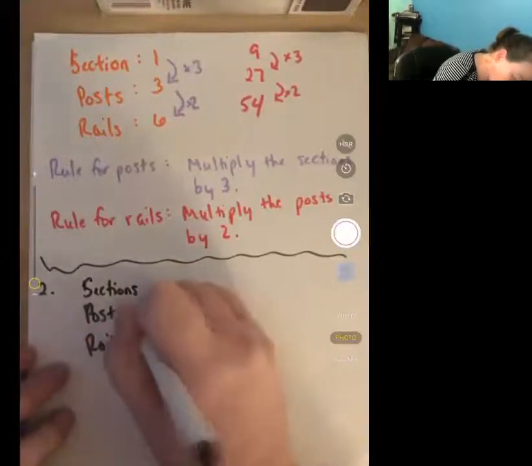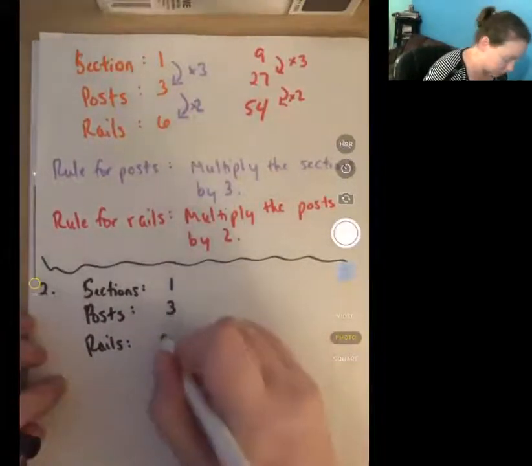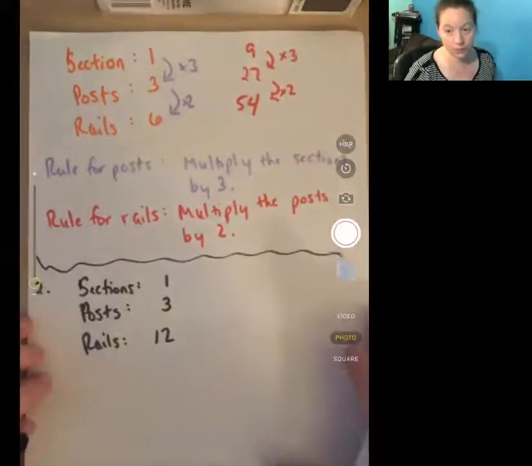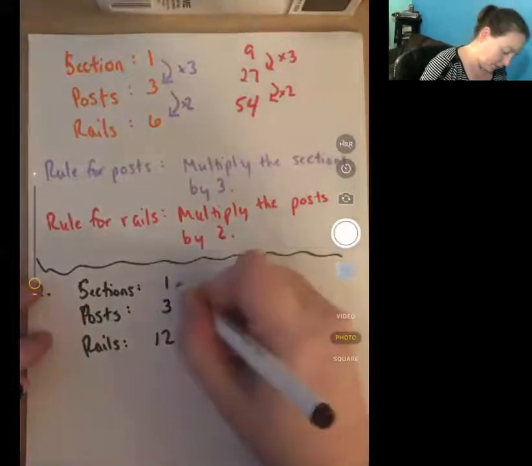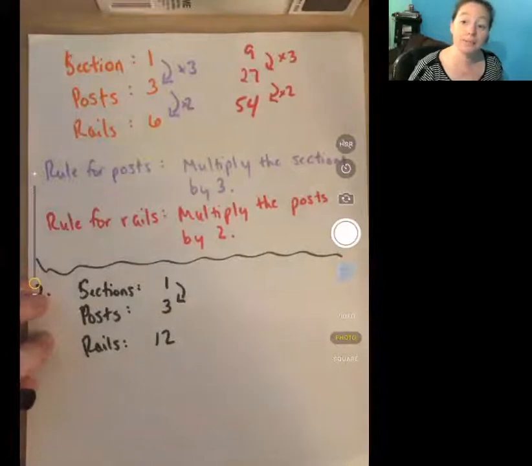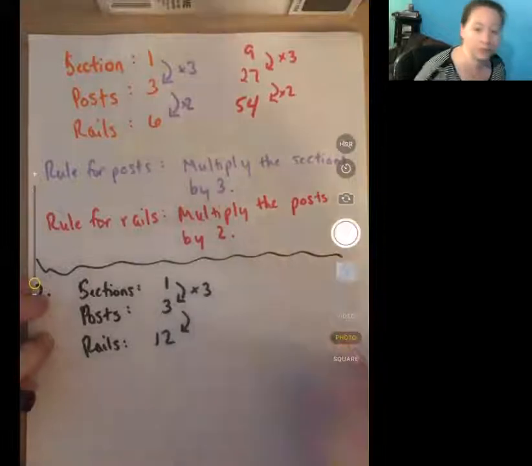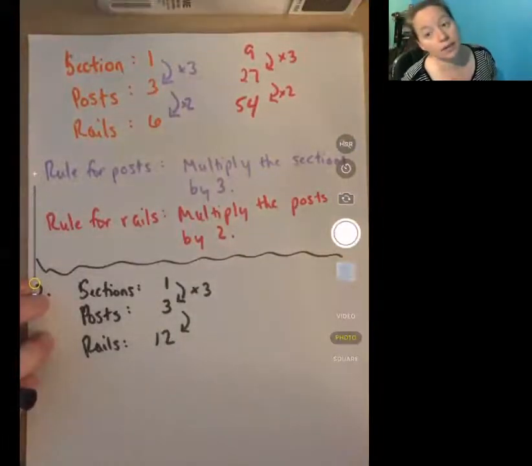I keep forgetting to label the things. So section 1 has 3 posts and 12 rails. Okay. What did I do to the 1 to make it a 3? I multiplied by 3. What did I do to the 3 to make it a 12? I multiplied by 4.